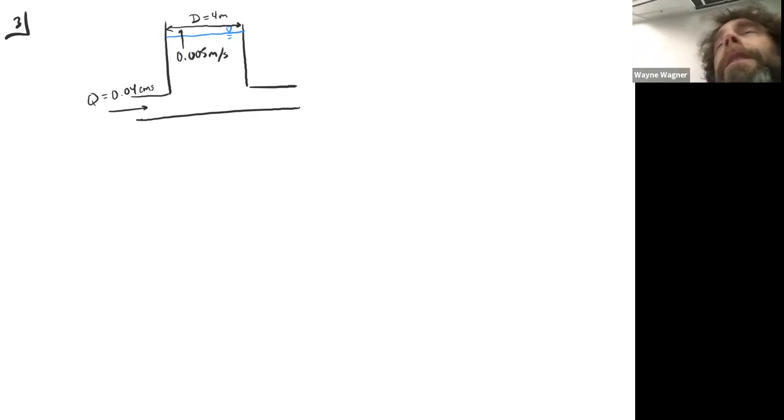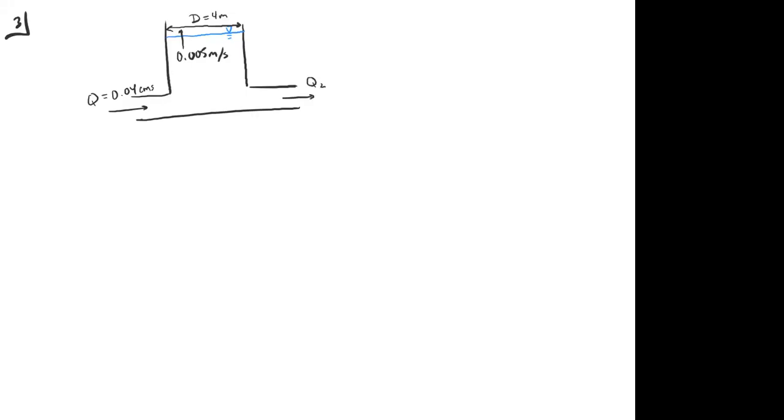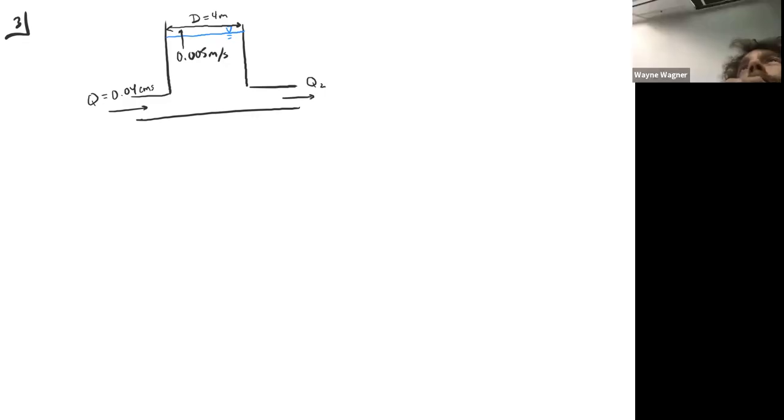Q2 is right here. I'm going to talk about some of the errors that I saw when I gave this problem. It said, be sure to tell me if Q2 is into or out of the tank. So Q2 here is assumed out. That means if we solve it this way and we get a negative number, that means it's actually in. So one of the things I'm asking you to do here is make sure you know what the answer means.